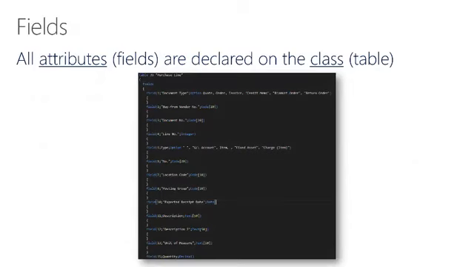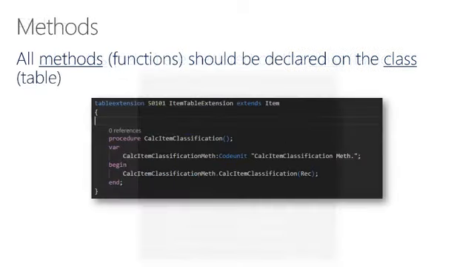Fields are declared on the class. In object-oriented programming, those are called attributes or properties on the class. For Business Central, we use tables for classes and fields as attributes. Methods, the functions, should always be declared on the class.